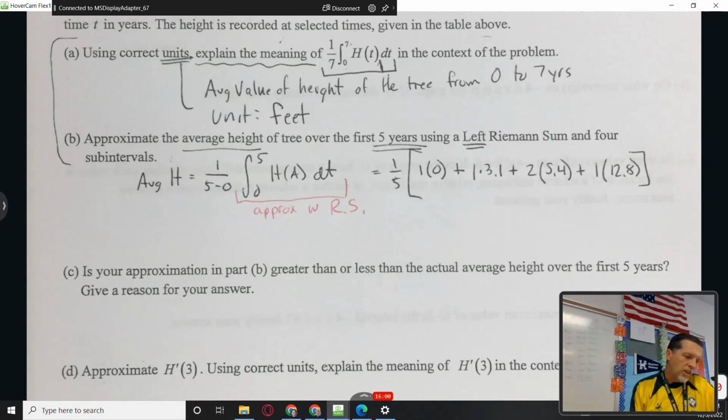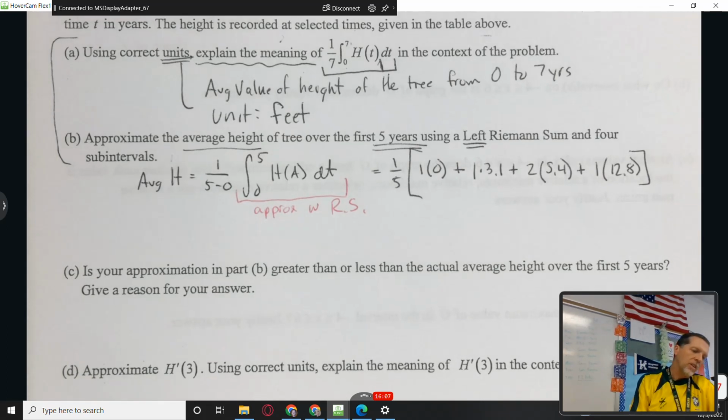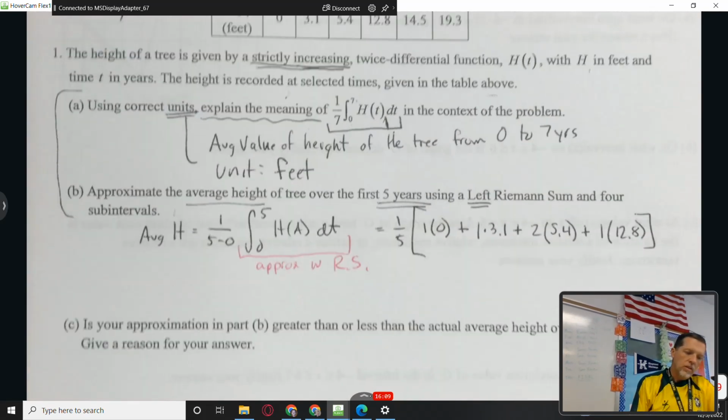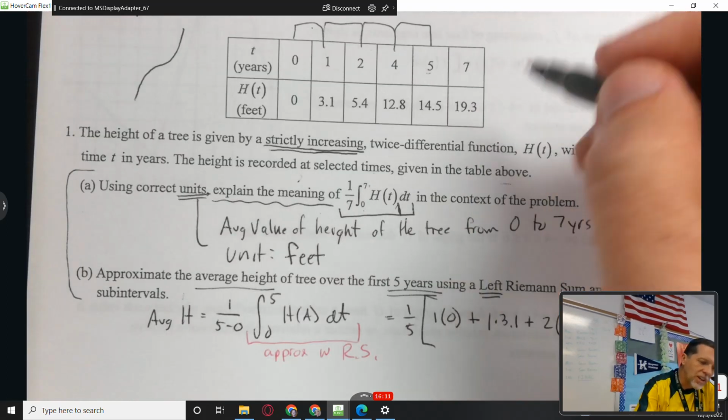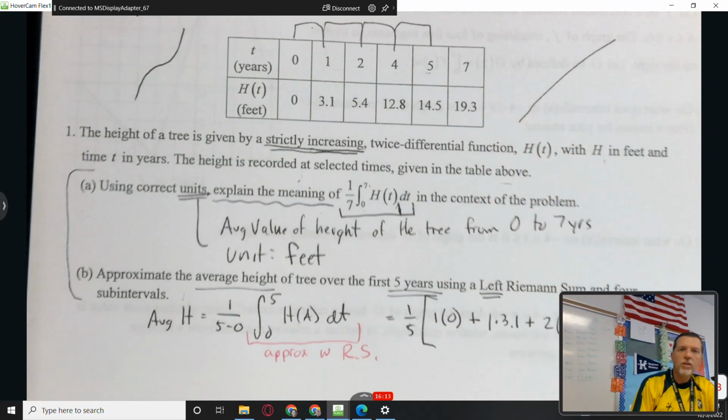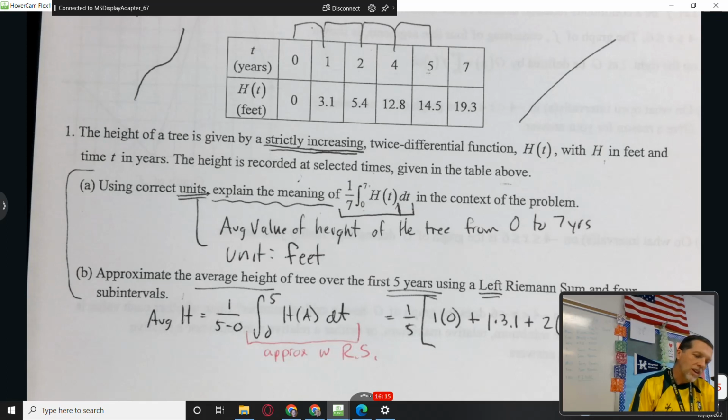Part C, is your approximation in Part B greater or less than the actual average height over the first 5 years? Well, my function is increasing. I don't really know what it looks like, but it's increasing.